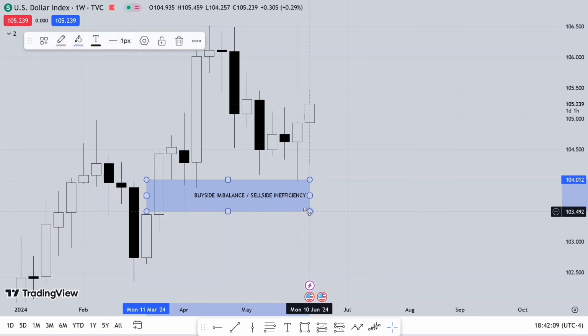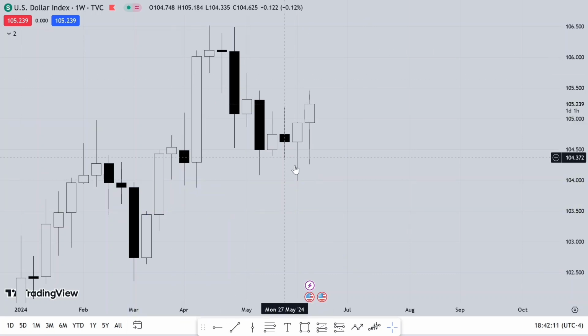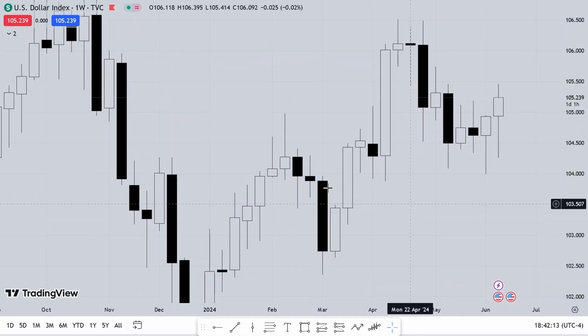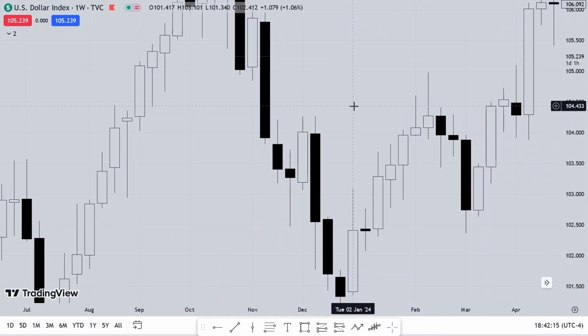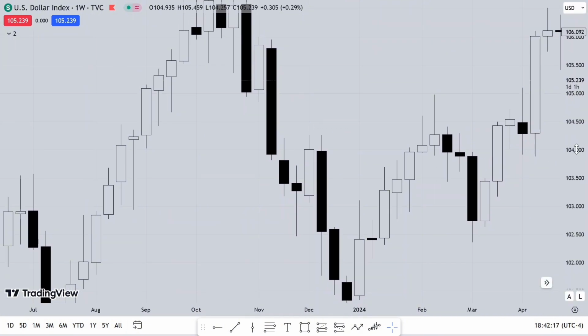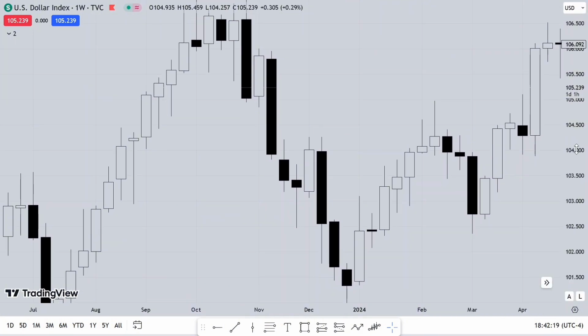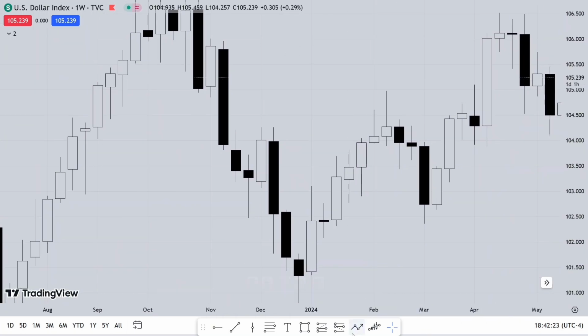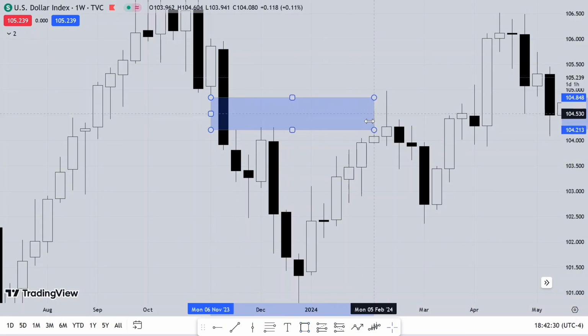So inversely, you have what is called the CB. The CB is an imbalance on the sell side. A CB is sell side imbalance, buy side inefficiency. So you label this, let's make this red.